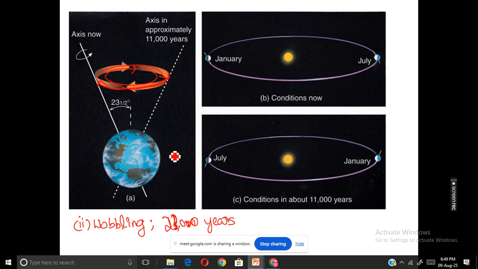So what happens because of this is that now during January, the axis of the Earth is pointing away from the Sun. And during July, it is facing towards the Sun. So that's why in July we have summer and in January we have winter. Now what happens after 11,000 years is that the direction of the axial tilt changes from like this to like this.